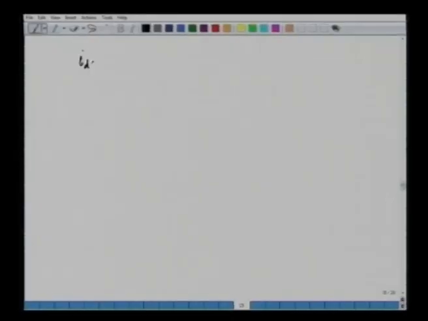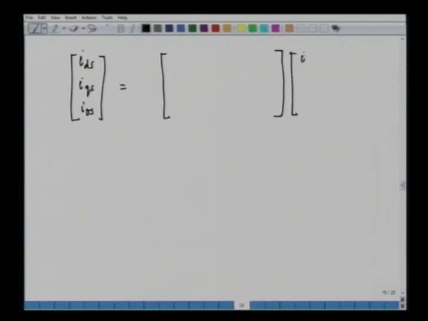It means the per phase of the ABC machine should be same as the per phase of the DQ machine. So, we can write this in a matrix expression, that we have got IDS, IQS and IOS, and these are basically obtained from the original machine currents, IAS, IBS and ICS.